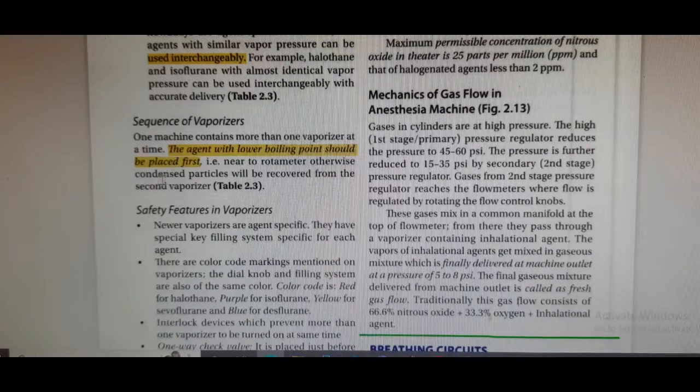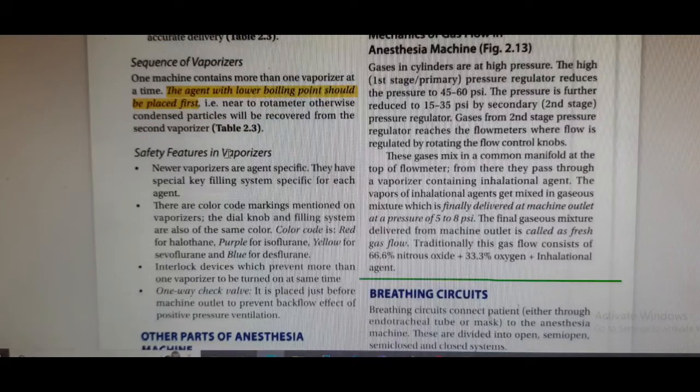So always the vaporizers should be placed in such a way that the agent with lower boiling point is placed first, so that the rotameter's oxygen, nitrous oxide, and air mixture does not move to the second one and cause a mixture of the anesthetic gases in the vaporizer itself. The required vaporizer should be put in the first place.